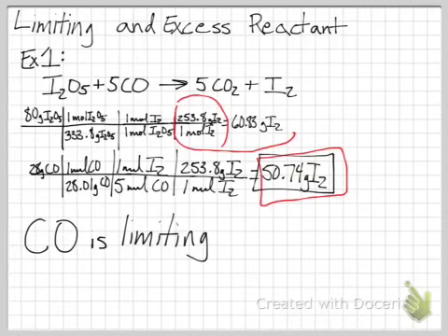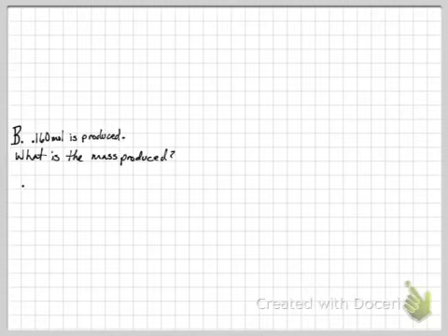Now, if you look at your paper, you'll notice that it keeps going a little bit, and it asks you to do a regular mole-gram conversion and then asks about percent yield. Let's move into that section. It says that after doing this reaction, 0.160 moles of I2 is produced.